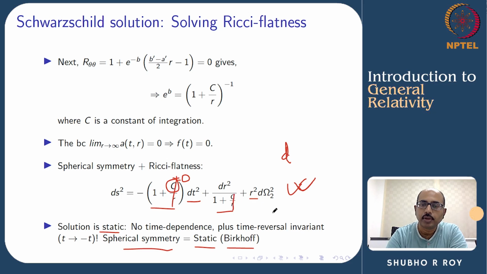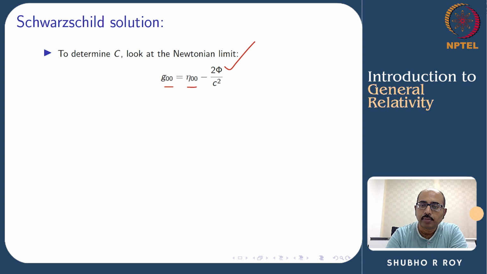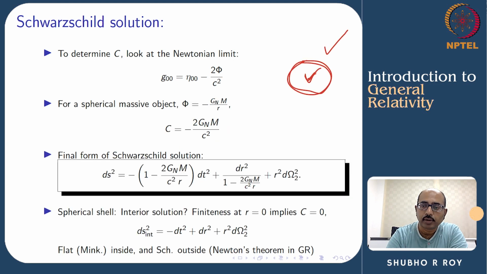So for the interior solution, we will take the boundary condition as C equals 1, C equals 0, I'm sorry. Finiteness of the metric at r equals 0 implies that C has to be set to 0 for the inside. So if C is 0, then we just have Minkowski. There's no difference.